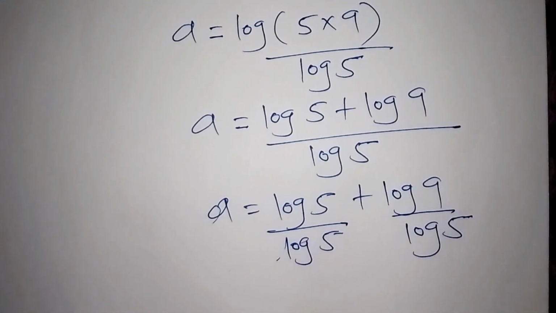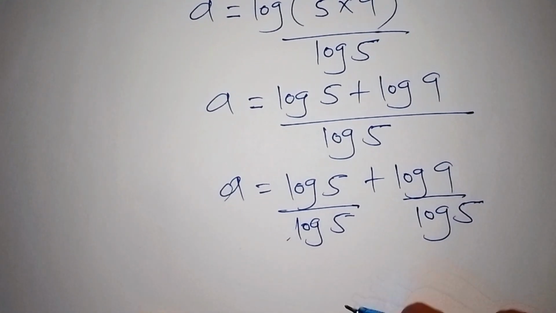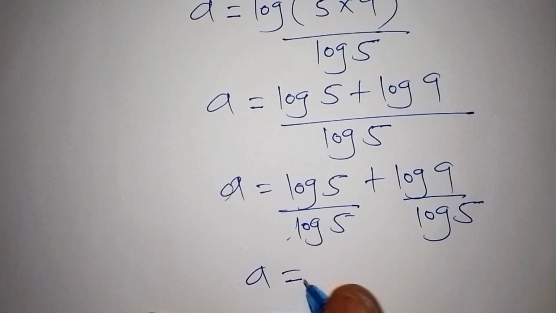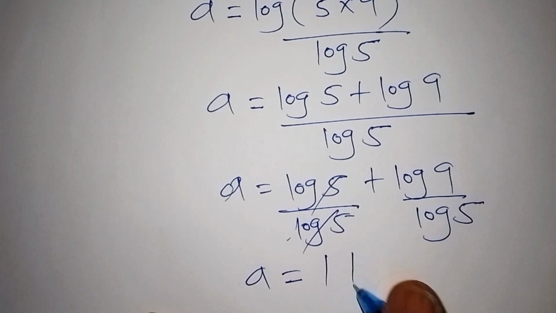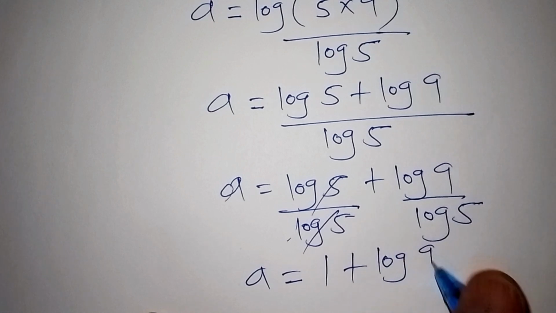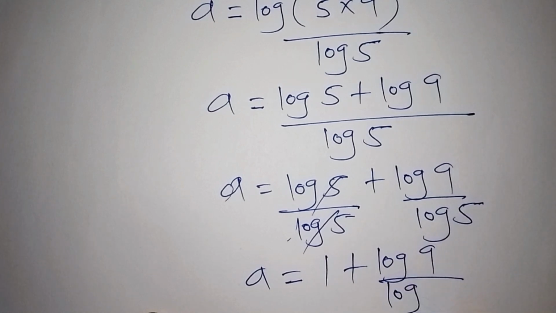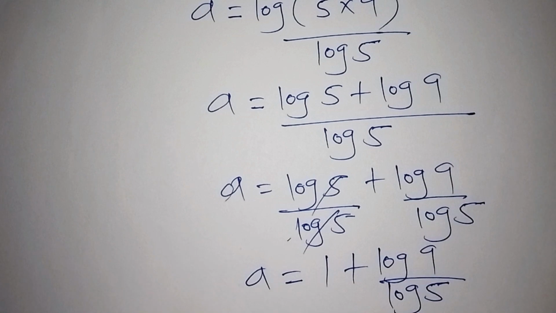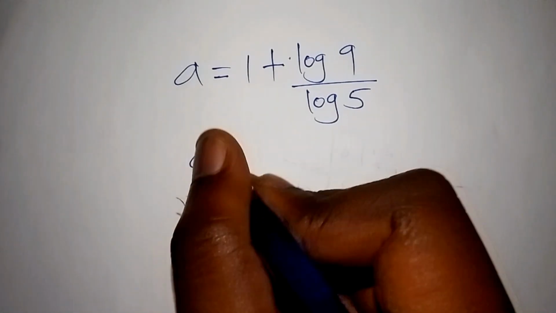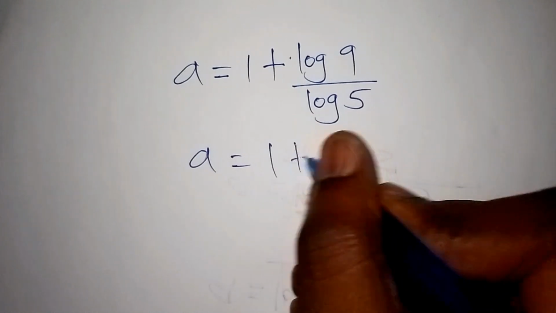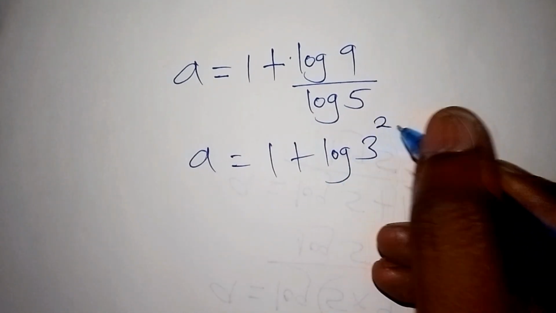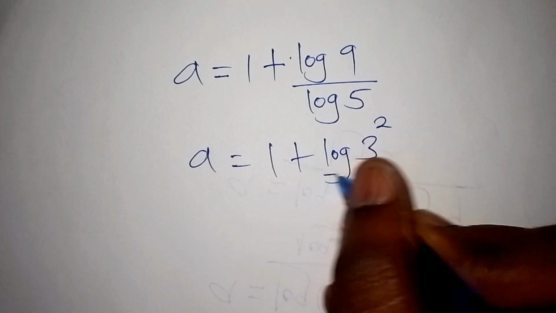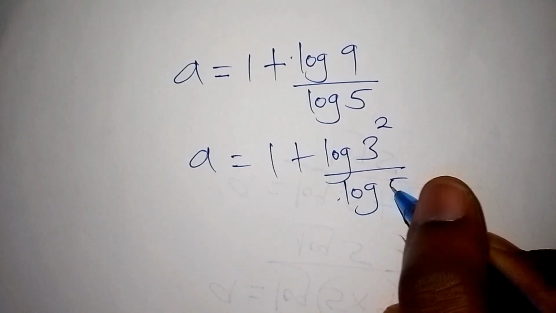So here a is equal to the log of 5 and the log of 5 cancel. Now we have 1 plus the log of 9 all over the log of 5. The value of a can also be expressed as 1 plus, and the log of 9 can be written as the log of 3 to the power of 2, all over the log of 5.